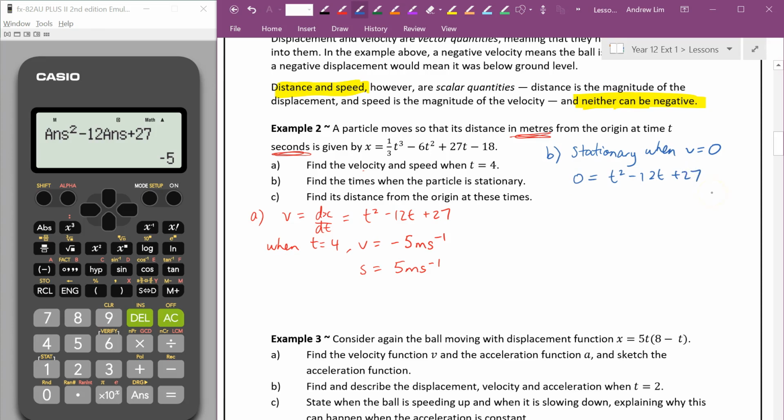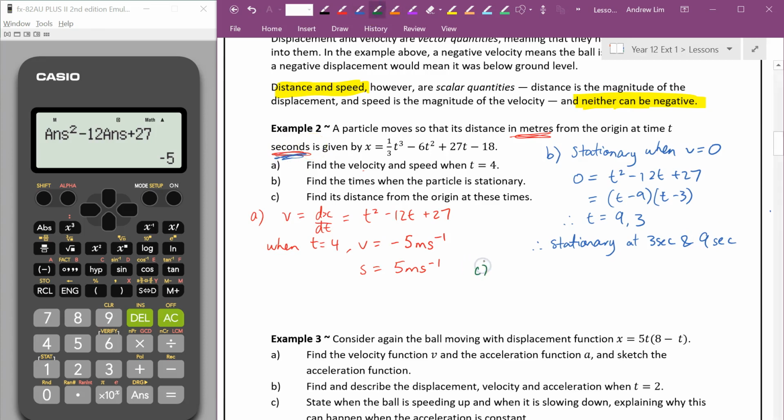I'm now going to factorize this. So that's t minus 9, t minus 3, equal to 0. Therefore, t is equal to 9 or 3. Therefore, stationary at 3 seconds and 9 seconds. Seconds because here the question tells us seconds.